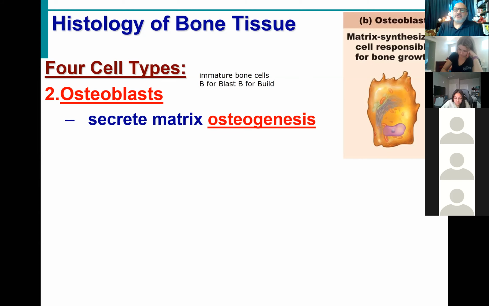This making of the matrix is a process called osteogenesis. It's kind of a cool process. What we have is our friend, those collagen fibers that we've talked about many, many times. Let's put a little blob-like osteoblast here.